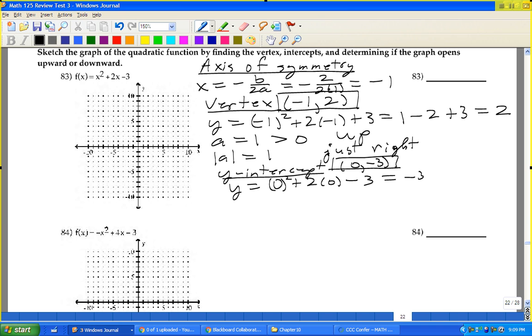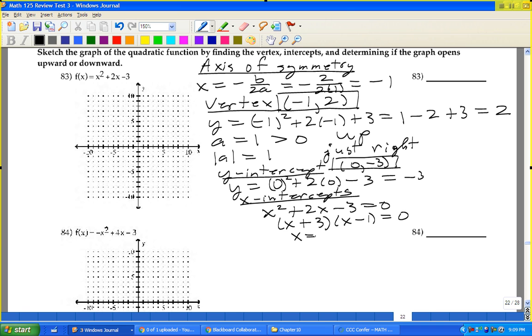And let's find the x-intercepts. So I have x squared plus 2x minus 3 is 0. Factor: x plus 3 times x minus 1 is 0. So x is equal to negative 3. X is equal to positive 1. So my intercepts are at negative 3, 0, and at 1, 0.